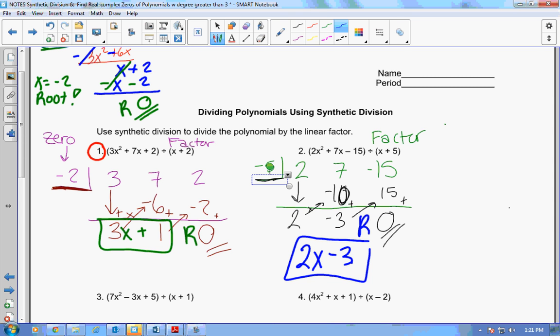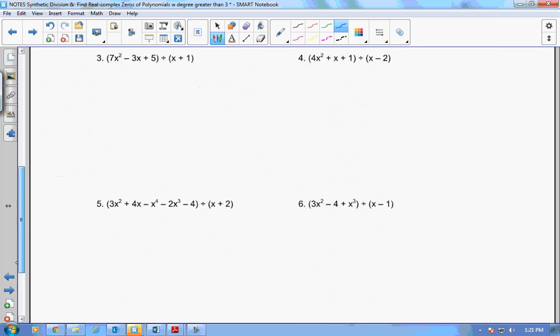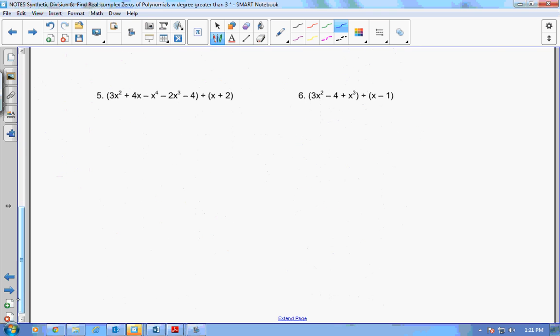Let's try this one at the bottom, number 5. Remember, this is a factor, so you have to make sure you're setting it up correctly. Before I start drawing my box, I can already tell this is not in order. Brindy, can you tell me the correct order of my polynomial?